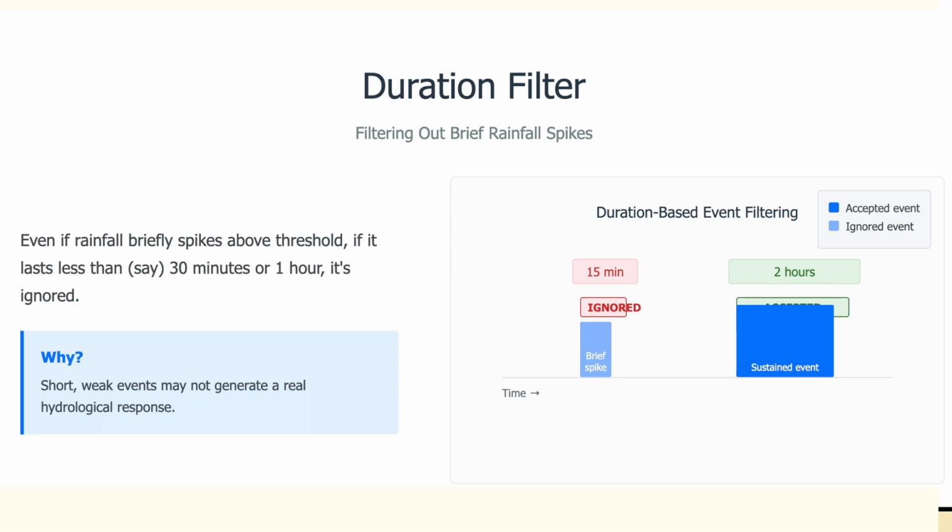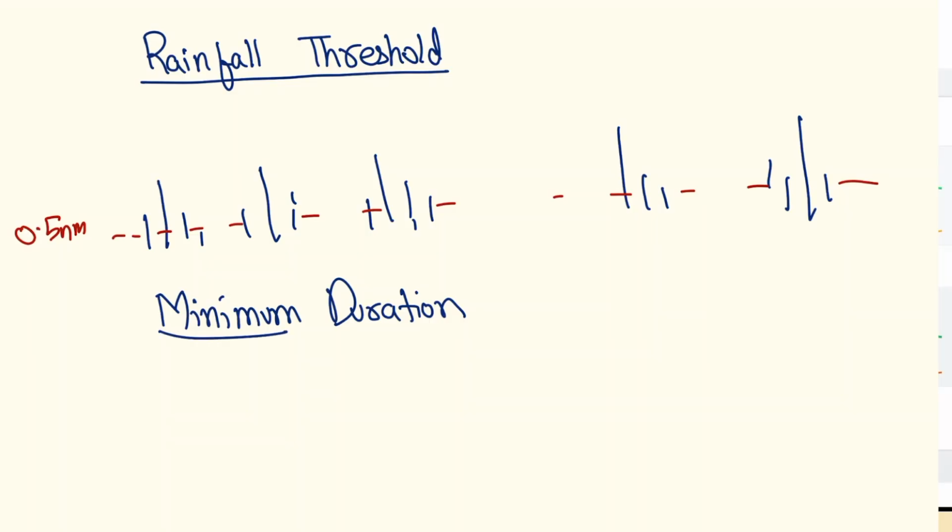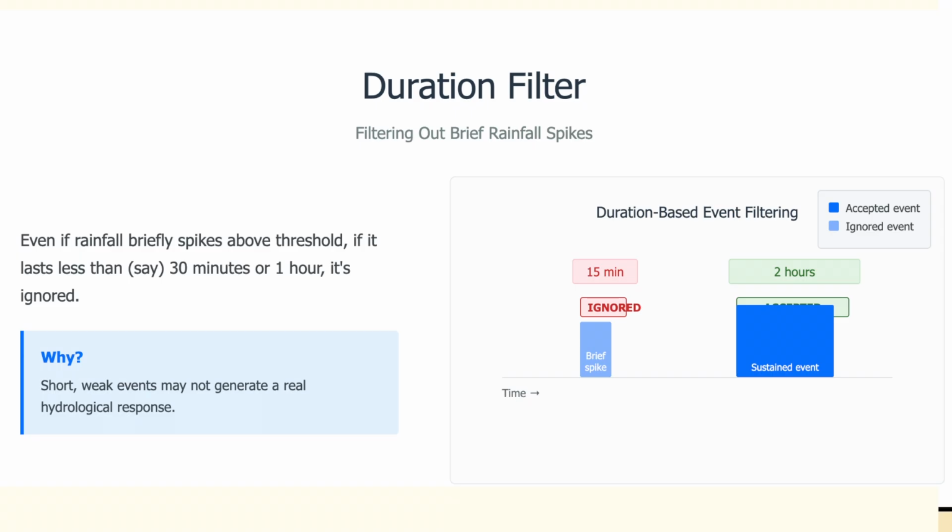If there is 1 spike or 2 spikes or 3 spikes above the threshold, what is an event? That we should also consider: the minimum duration, or how long the rainfall lasts. The reason is that it filters out any tiny rainfall that doesn't matter for our infiltration study.